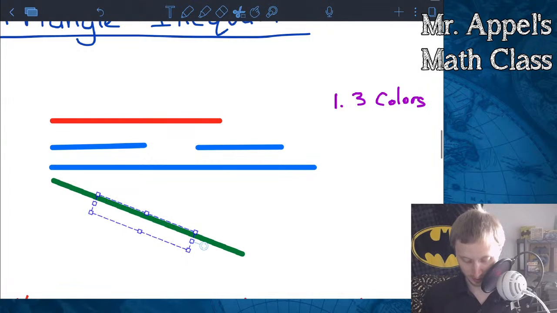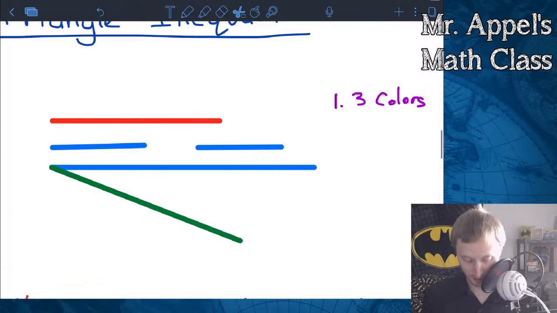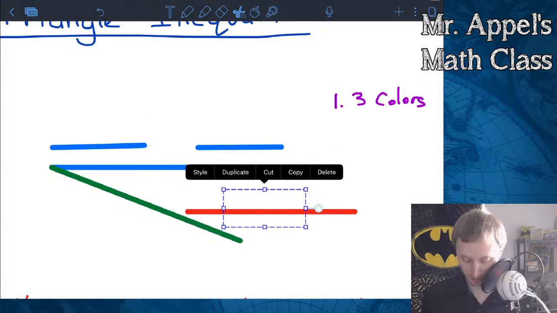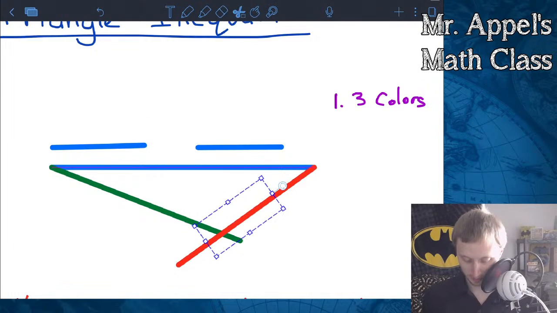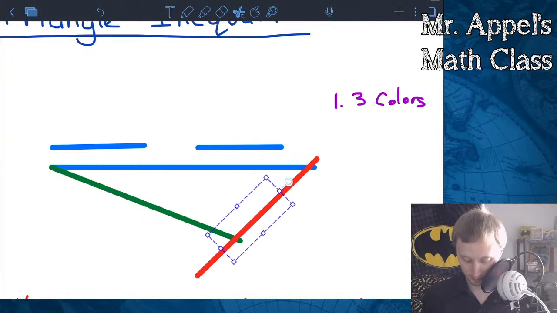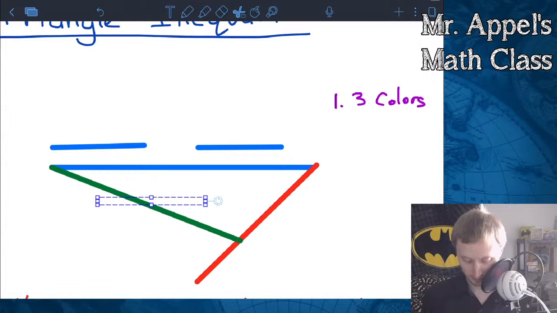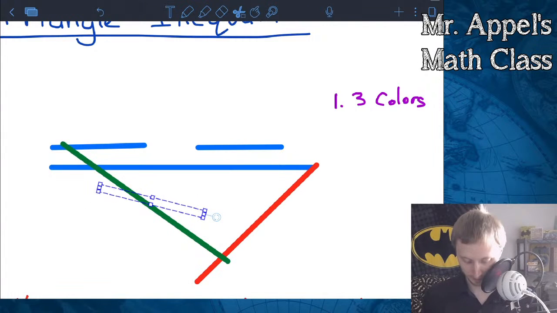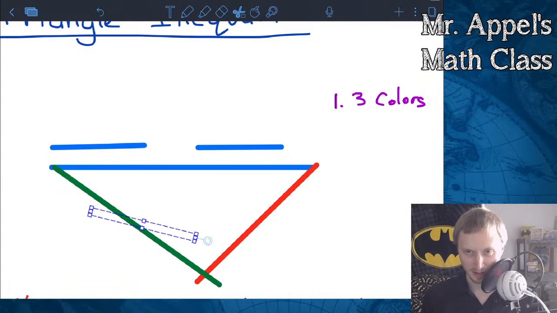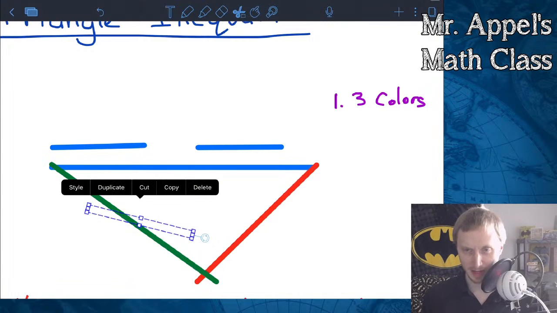See if I can attach these together. You go there, and then grab the red one. Maybe like that, just about, and then with a little bit more fiddling, I could get it perfect, right?